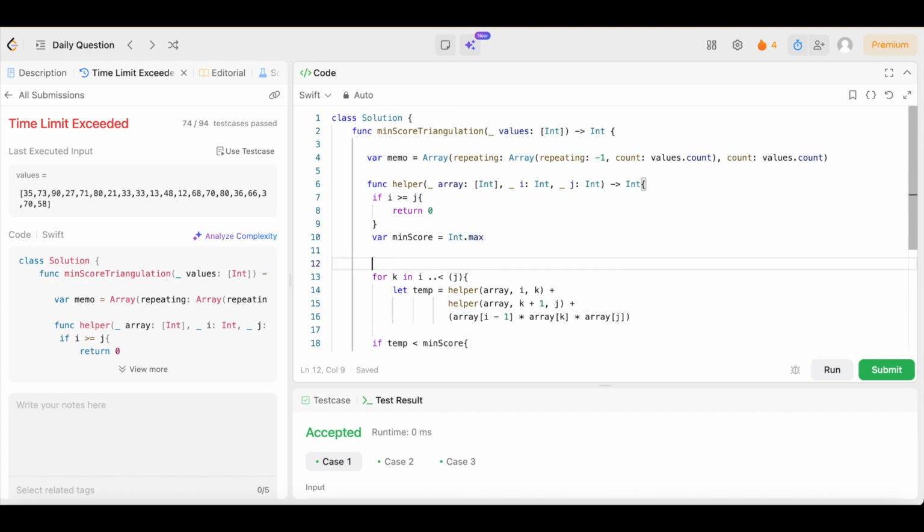So right here, we missed a step, or I missed a step right here. Sorry about that. But if we've already computed this subproblem, we need to return it to avoid redundant calculations.